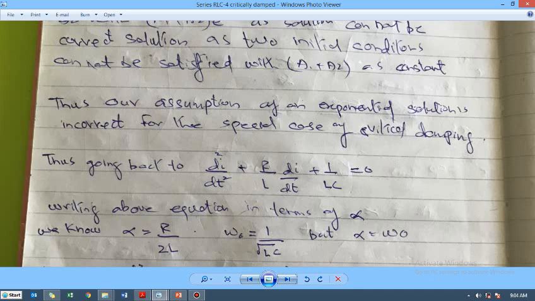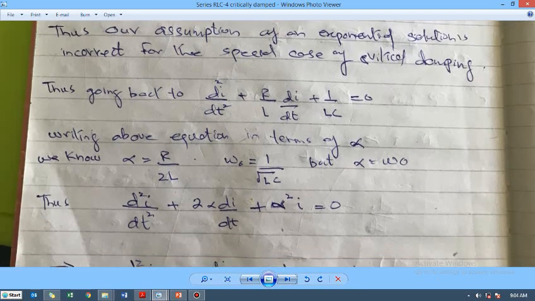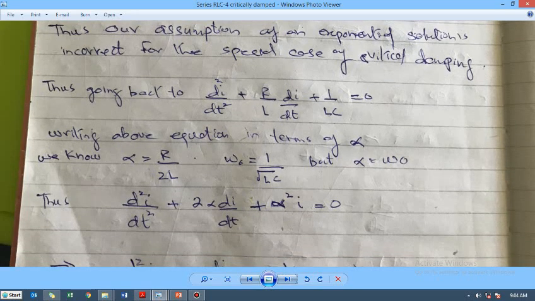Going back to the starting equation, not the solution, we can write the equation in terms of alpha, because R upon 2L is alpha, and 1 upon under root LC is omega naught.